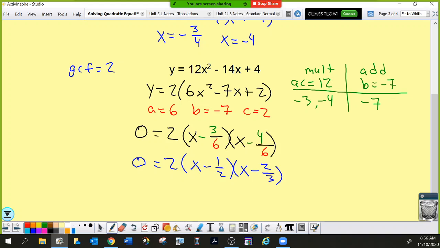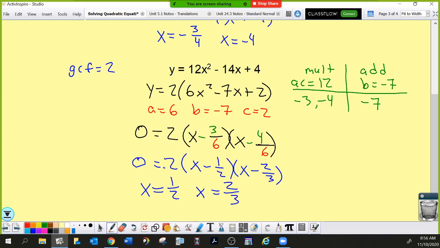We can now see our solutions, and there are only two answers. X equals +1/2 and x equals +2/3. If you recall back to the very first slide, I wrote y equals 1/2 x, and then I think I put an x plus 4 inside the parentheses. We said when there's an x outside of the parentheses, its solution is automatically 0. Right here, there's not an x outside, it's just a 2.